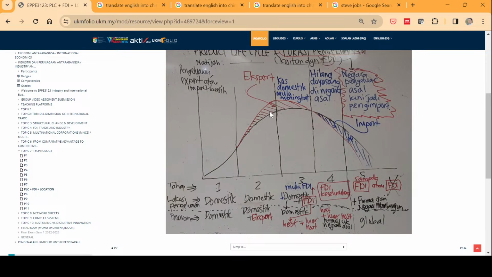So they will start doing FDI, foreign direct investment. Because the domestic cost to produce in the country has now increased, they go overseas and do FDI.